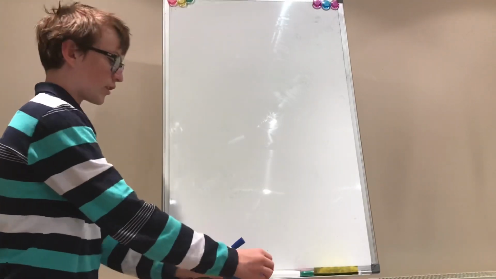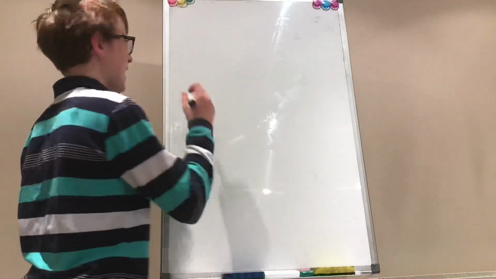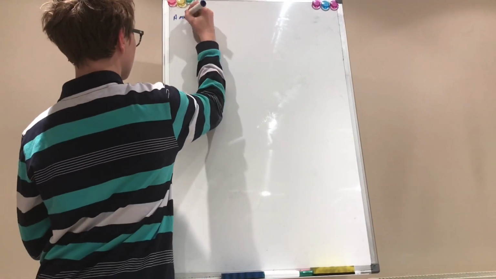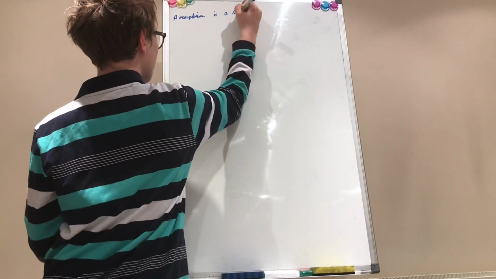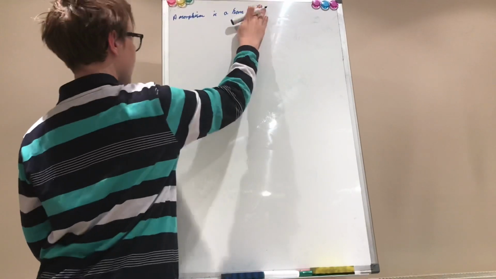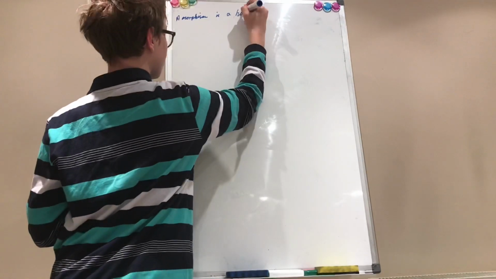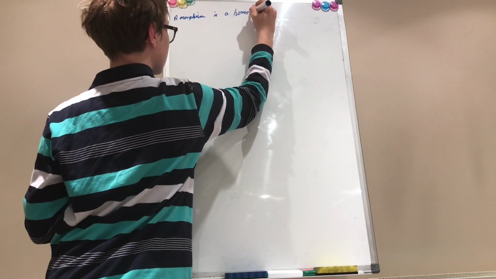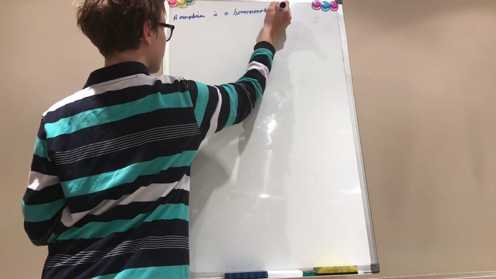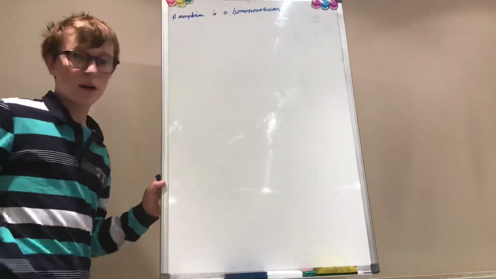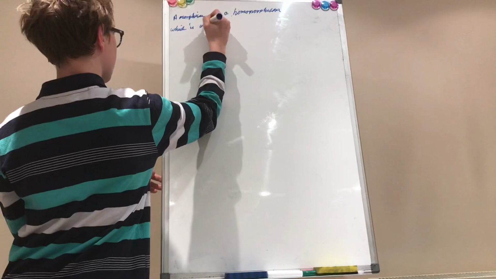So, these definitions are all closely linked to homomorphisms. A monomorphism is a homomorphism which is injective.